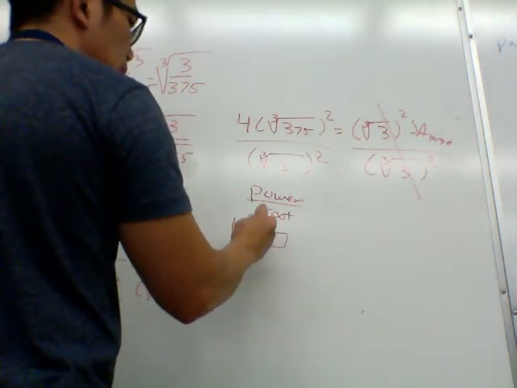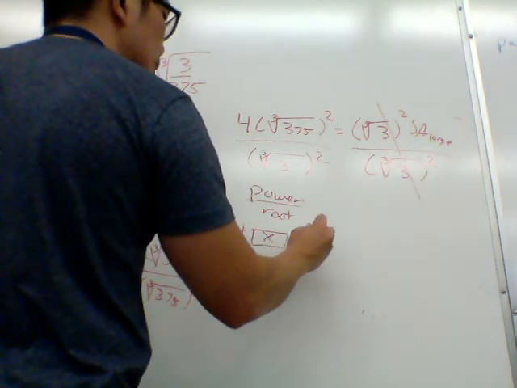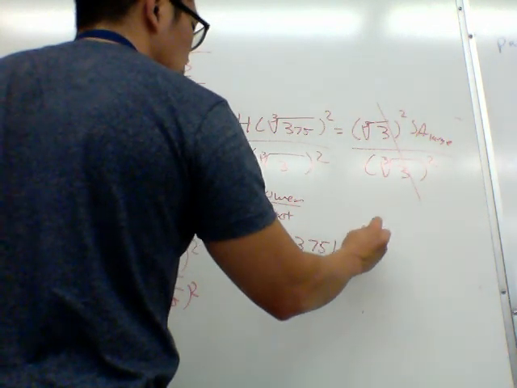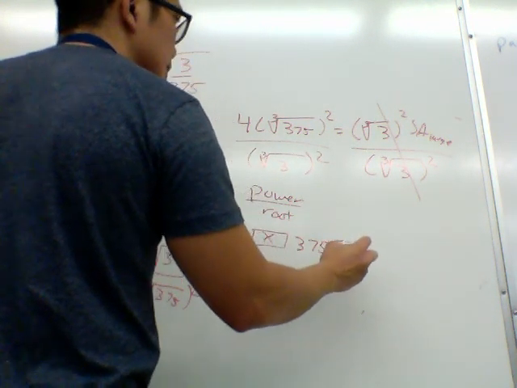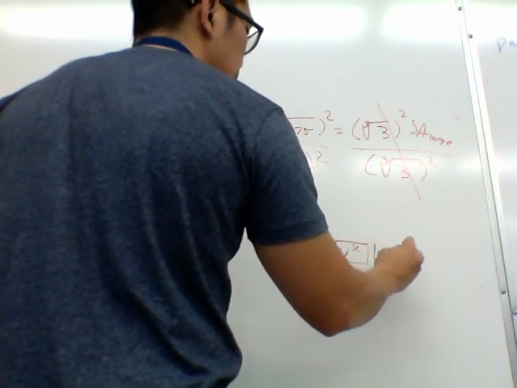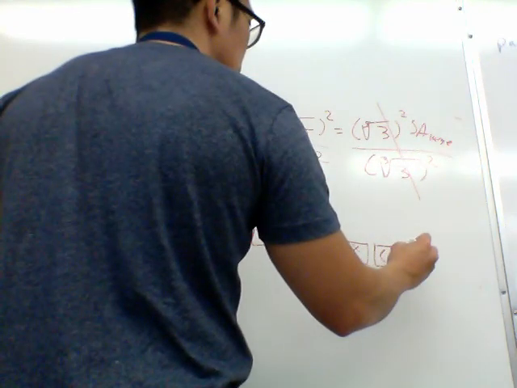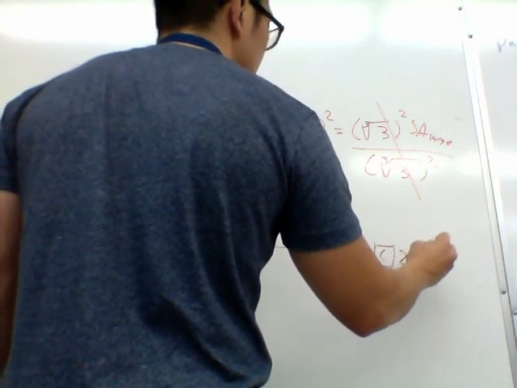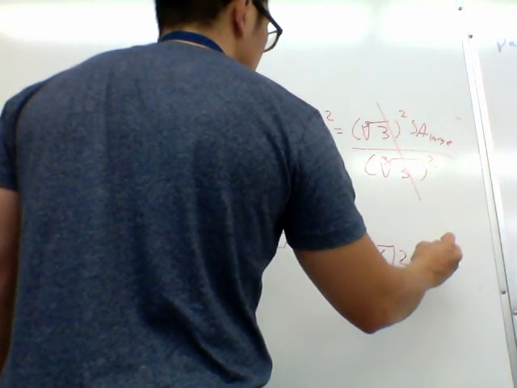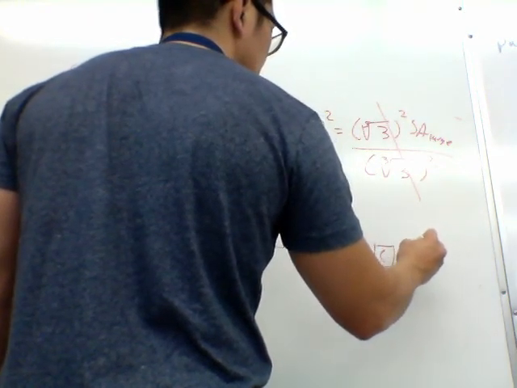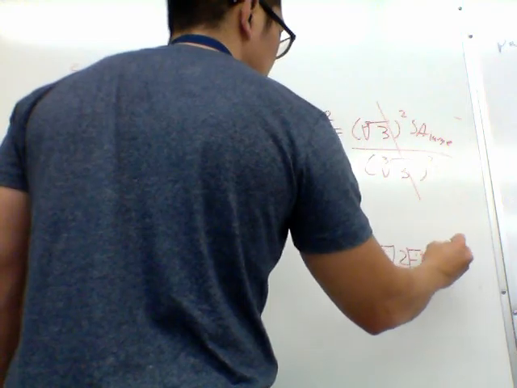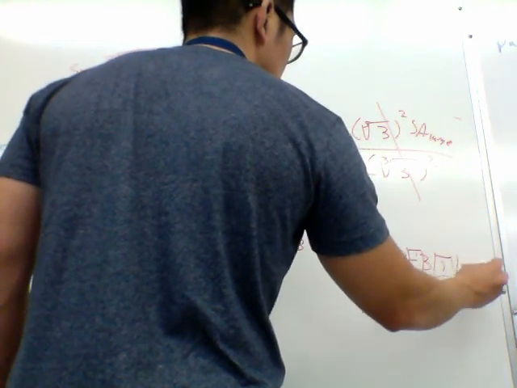So I'm just going to go ahead and show how you enter this into the calculator. 4 times 375 y to the x, open parentheses, 2 divided by 3, close parentheses, equals.